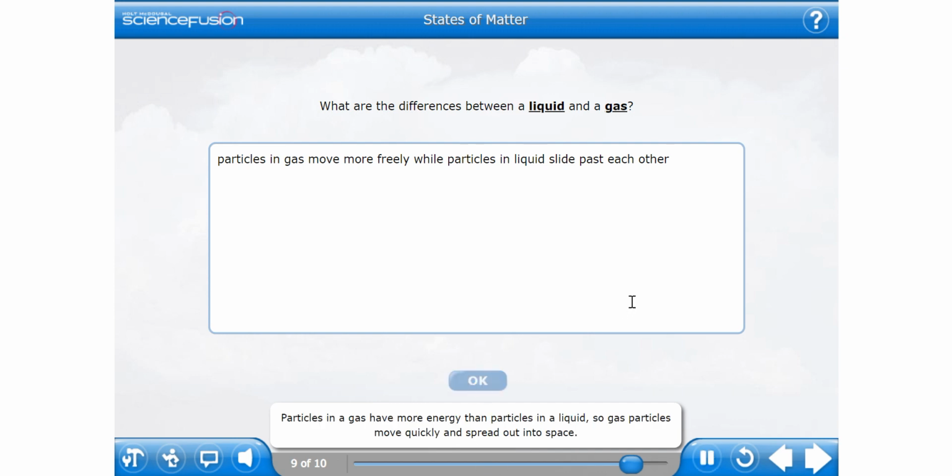Particles in a gas have more energy than particles in a liquid, so gas particles move quickly and spread out into space. Liquid particles slide past each other.